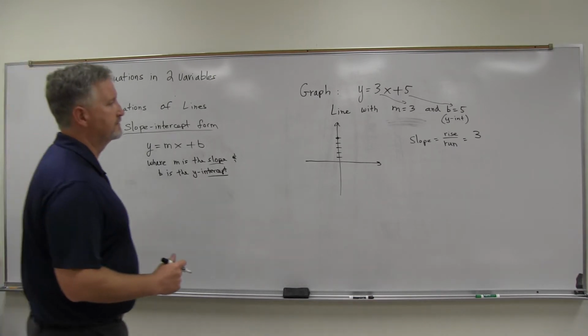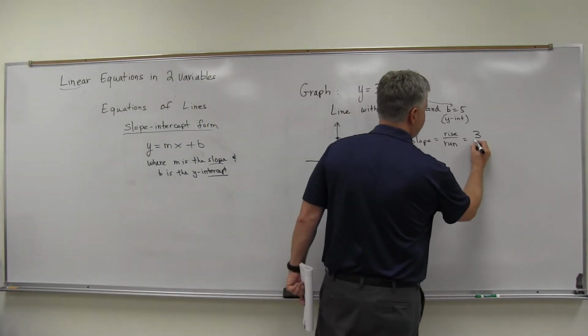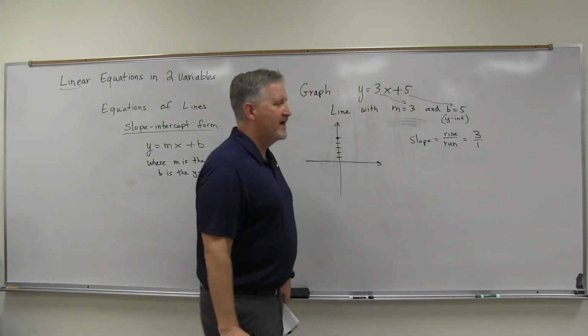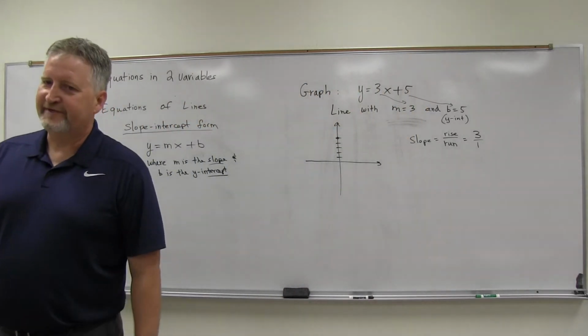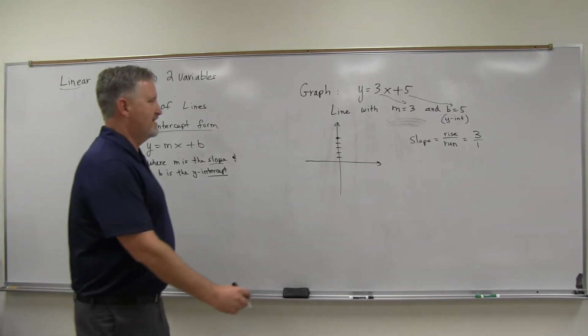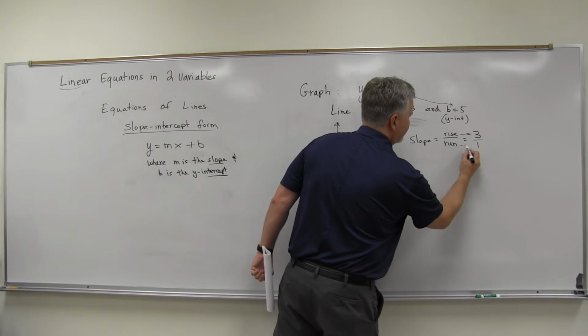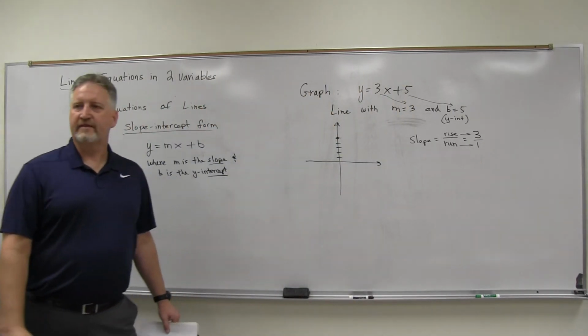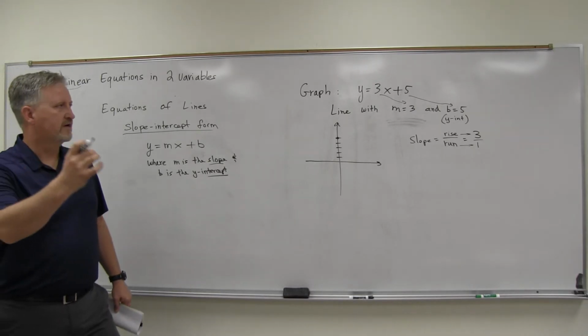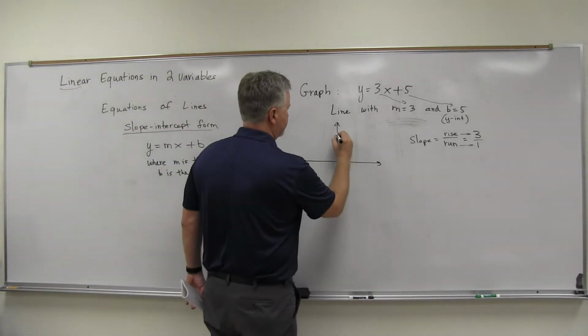Well, how does that help me? If I think of 3 not as 3, but as, how could I write that as a fraction? 3 over 1, yeah. That ratio is telling me to rise 3 and then run 1. If I rise 3 and run 1, that gets me to another point.